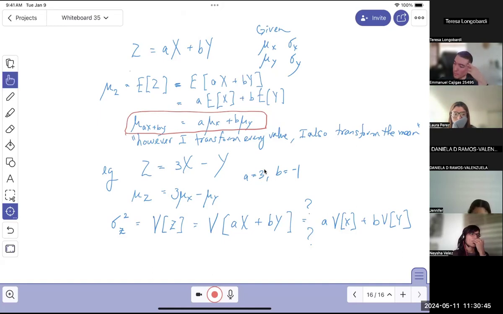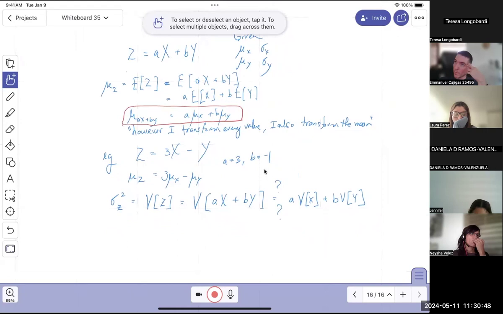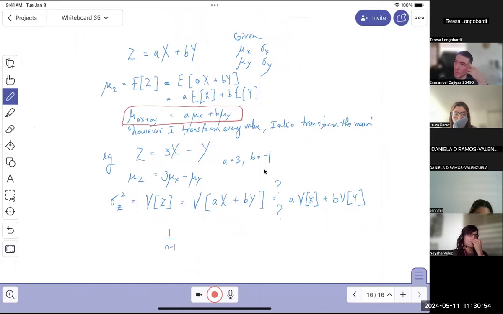So let's take a moment and remember what the variance is. I'm going to do that using the formula for the variance that we learned for the sample, just because it's easier to write up.